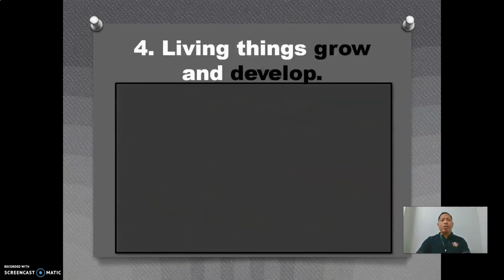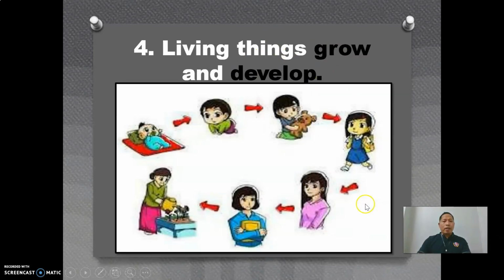Next, living things grow and develop. The words grow and develop. Now, from here, this is a baby, becomes an infant, and it grows. Adolescence, from here adult, and becomes old.